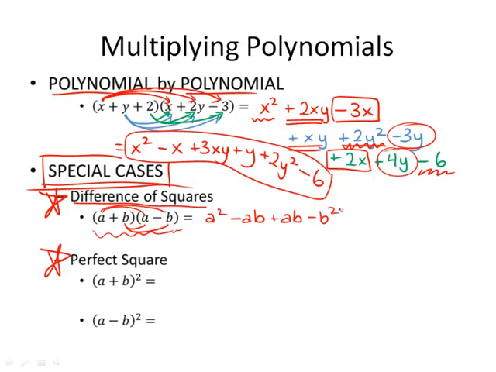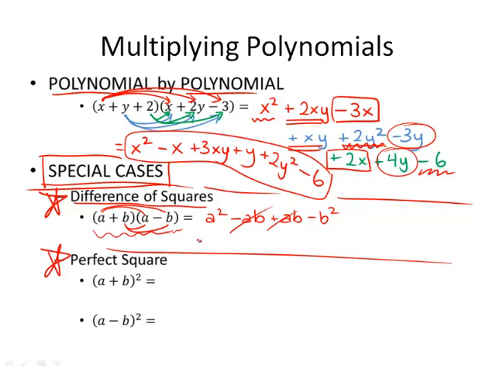What happens to our middle terms? Negative ab plus ab, gone. That zeros out. You're left with a squared minus b squared. And therefore, that is why it's called the difference of squares, because you've got a difference of two squares.